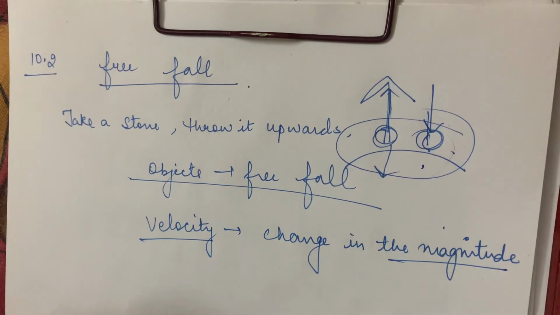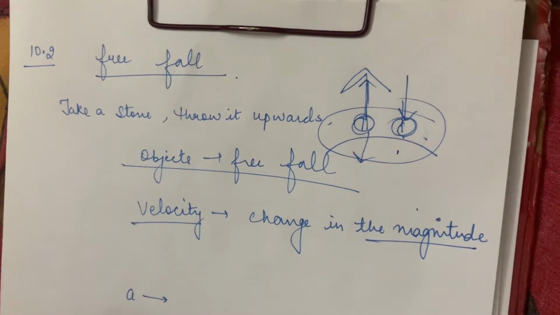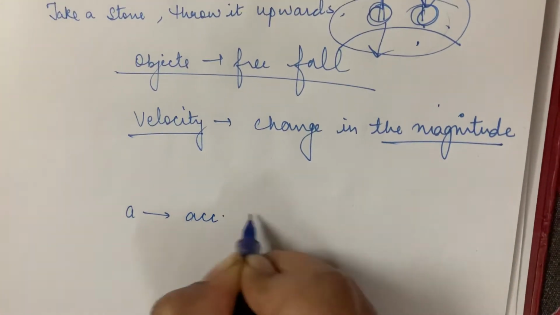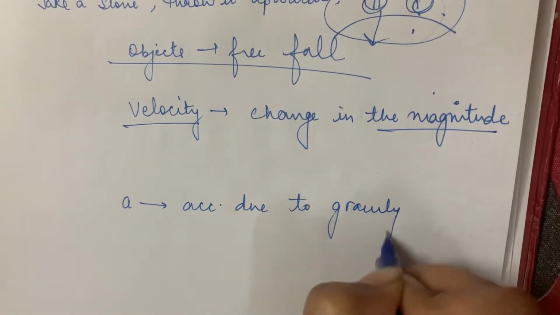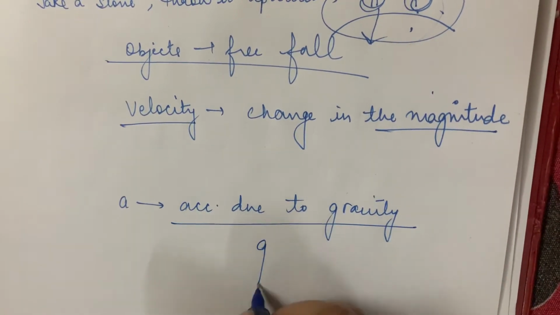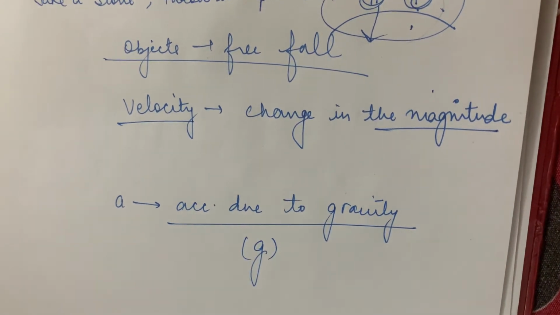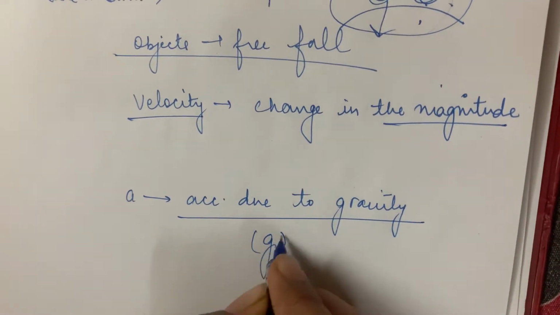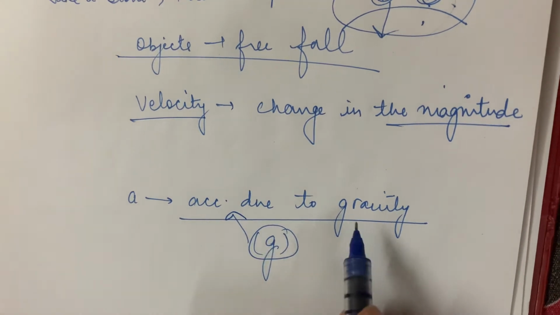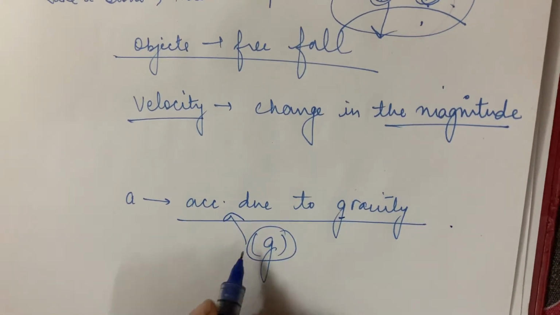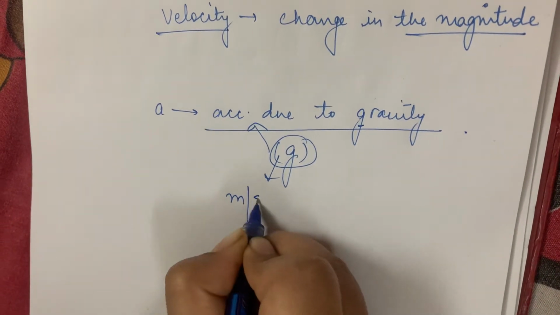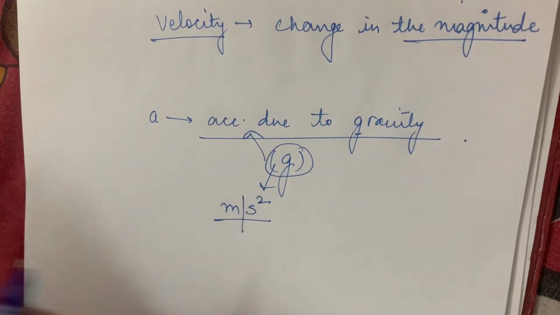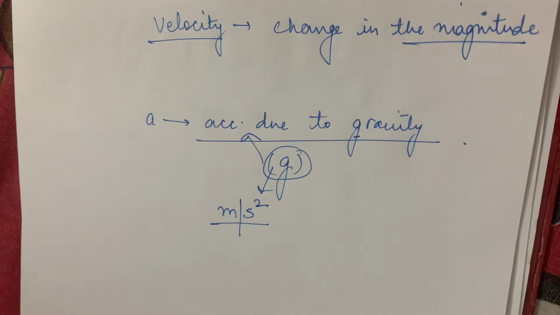We name it acceleration due to gravity, denoted by small letter g. Its SI unit is the same as that of acceleration, which is meter per second square.